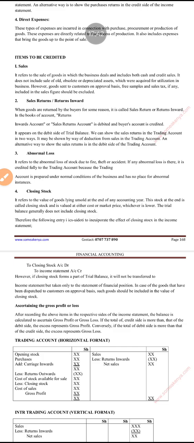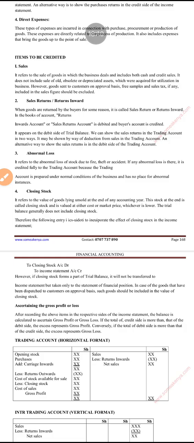So closing stock refers to the value of goods lying unsold at the end of any accounting year, and this stock at the end is called the closing stock. It is valued at their cost or market price, whichever is lower. The trial balance generally does not include the closing stock.